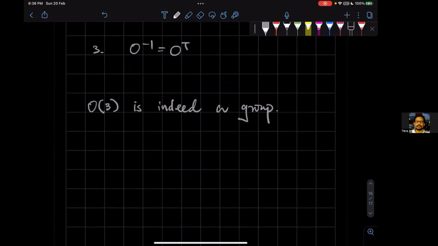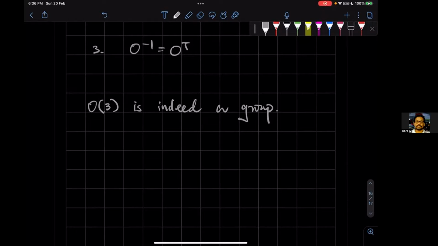Okay, let me make some comments. I don't really get the argument why O inverse is in O3. Why O inverse is in O3? Because O transpose is in O3. I mean, I can say it's true, but it's not immediately obvious to me.